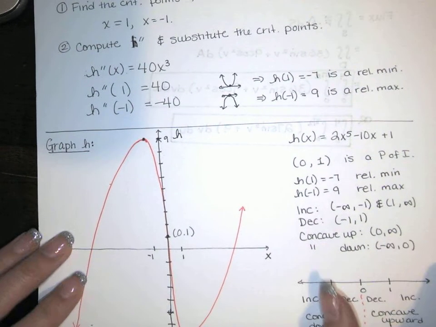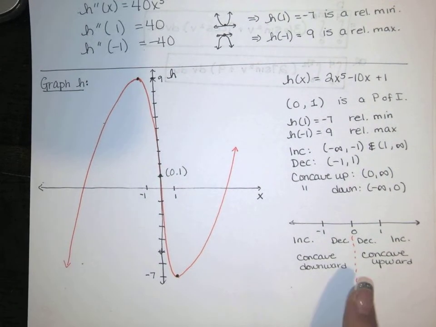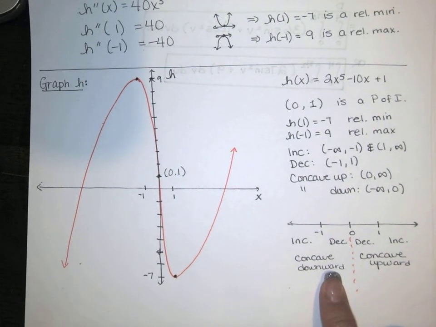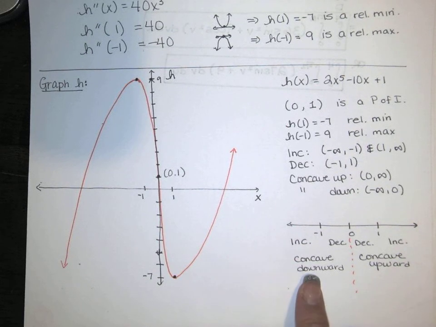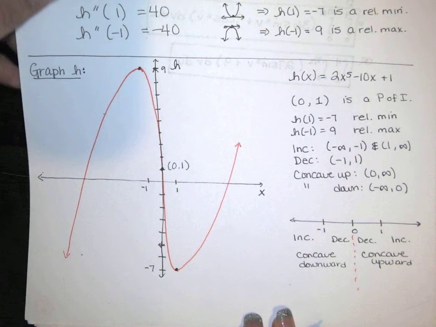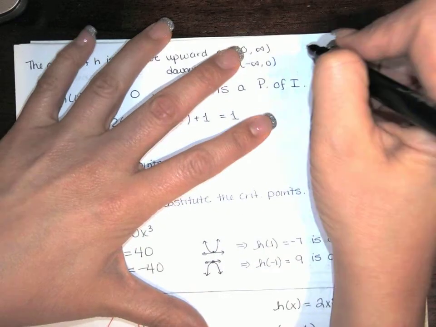Now, what we just did down here sometimes confuses students. They say, how can it be decreasing in concave upward, or how can it be increasing in concave downward? And I think you can see from this picture, or maybe let's make another couple of pictures to illustrate this.